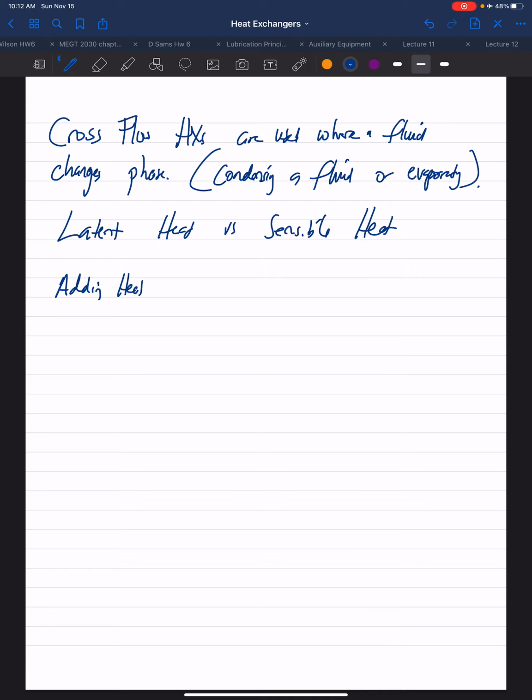Adding heat to, say, liquid water will increase the temperature until you get to the boiling point, right?